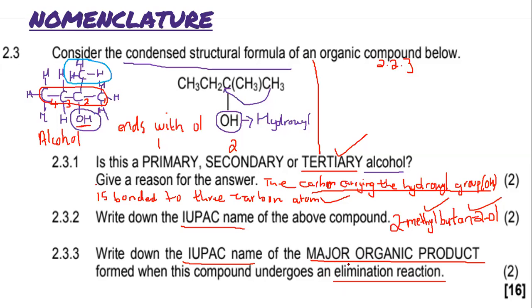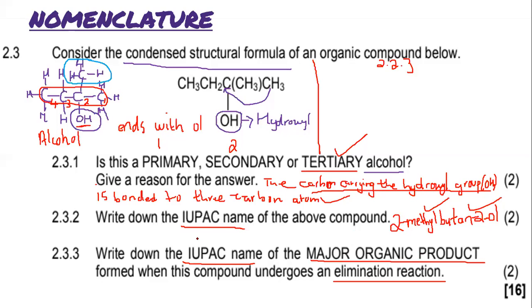Now, I need to tell you upfront, my dear learners, you cannot give an IUPAC name to a product that you do not know. It means you must first have the structure of this major organic product. And when you have the structure of the major organic product, then you will be able to give us the IUPAC name altogether.